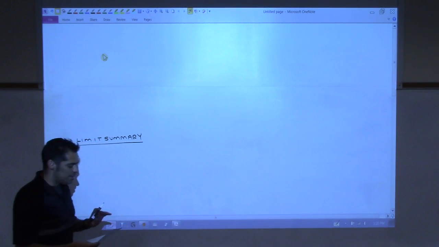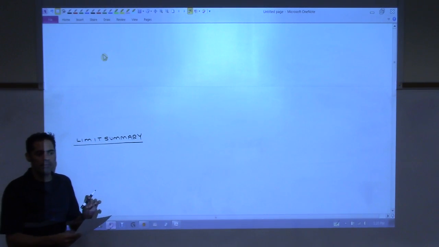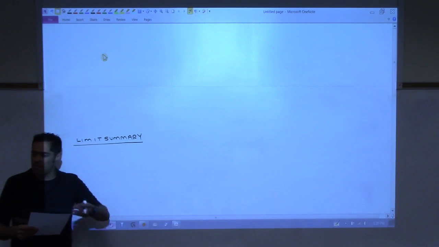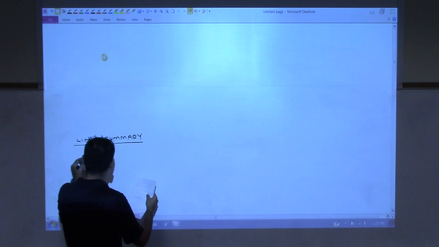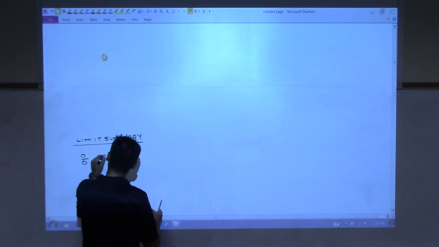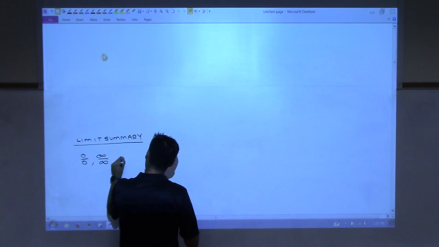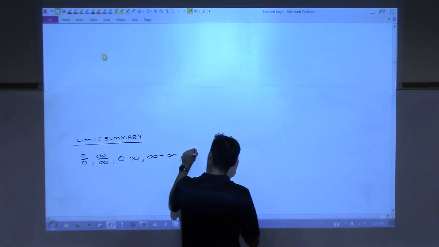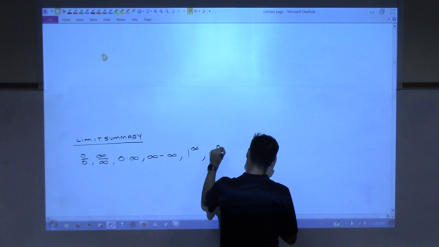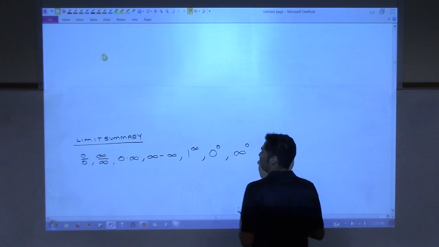So what you need to understand is that every single thing you see here is what you're getting as the result of taking a limit. In the top left, I have all these things written. 0 over 0, infinity over infinity, 0 times infinity, infinity minus infinity, 1 to the infinity, 0 to the 0, and infinity to the 0.